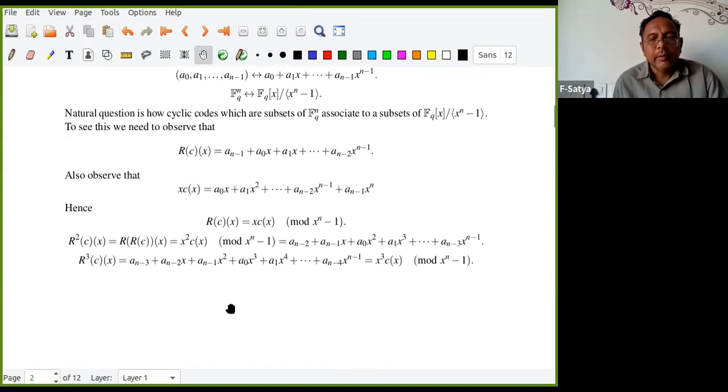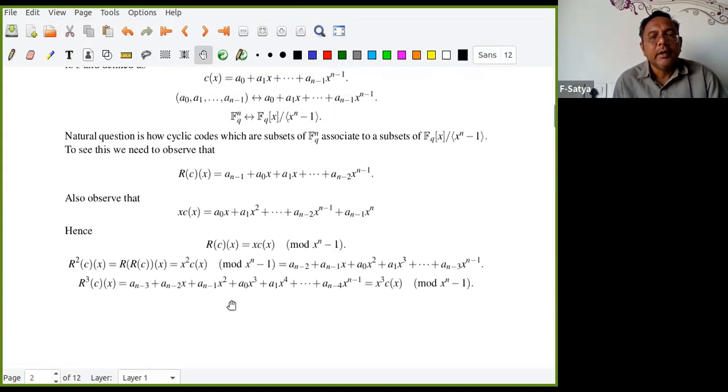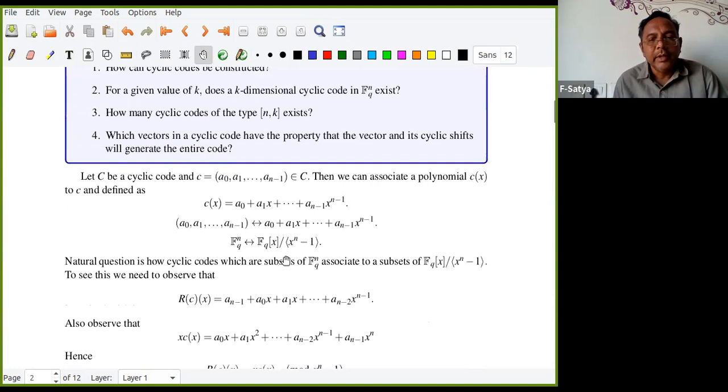So basically, cyclic code is equal to this one. It is quite obvious. You take any vector in F_q^n, I can convert it into a polynomial of degree at most n minus 1. There is no problem; this holds irrespective of whether it is a cyclic code or not.